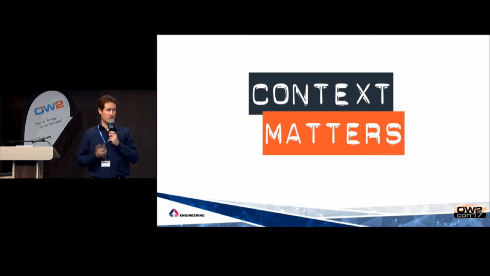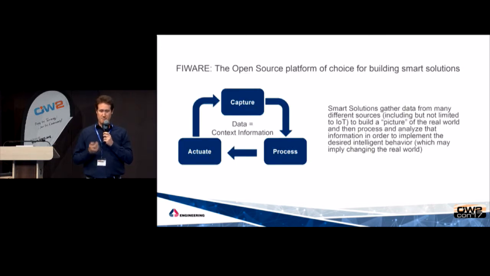The application should recognize what's going on in the real world, should retrieve information from several sources, from IoT devices and from other sources also, and the application should react accordingly. So the main component of the FIWARE platform is an application that is able to manage the context information.